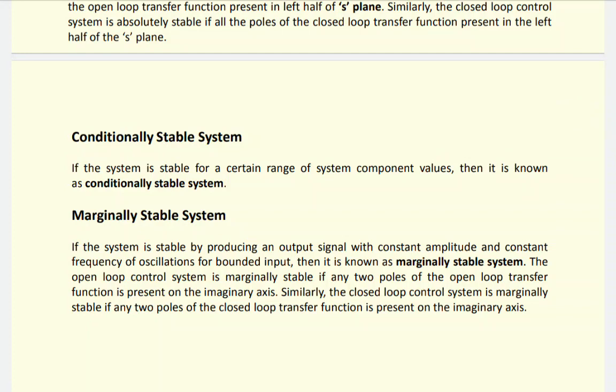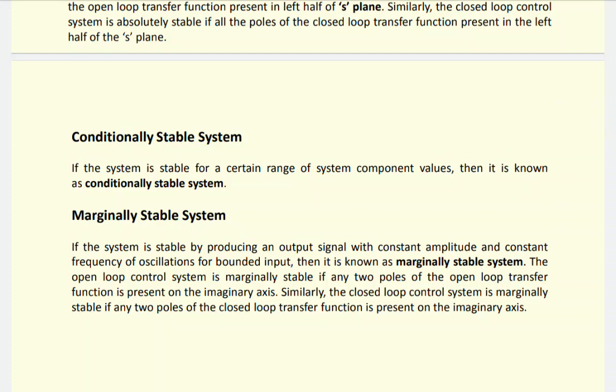If I look at this conditionally stable system in the S plane, the sigma and j omega plane, if my poles are lying on the imaginary axis, then the system can change from the stable mode to the unstable mode.